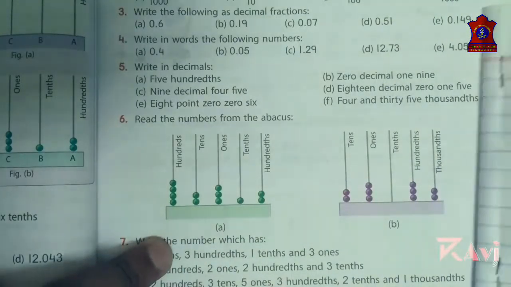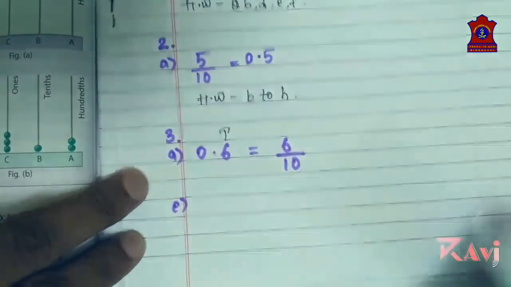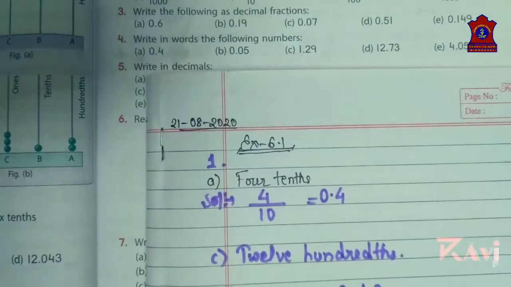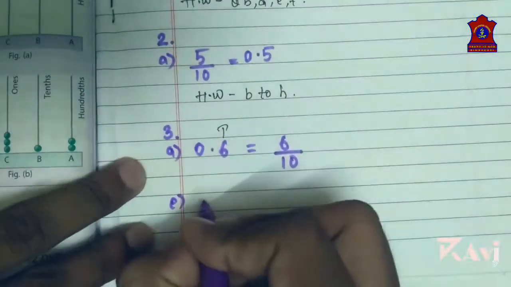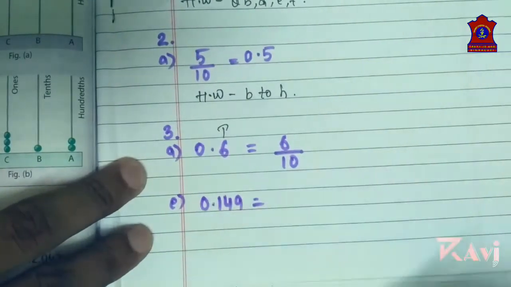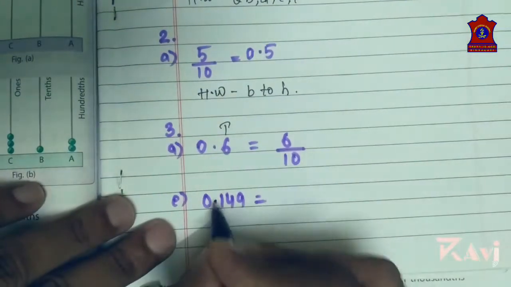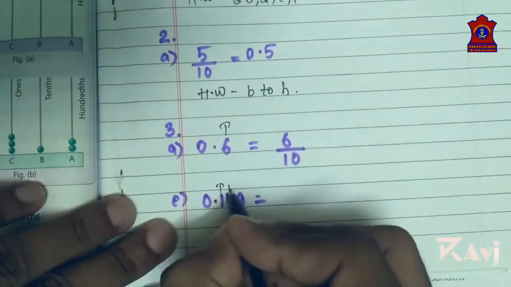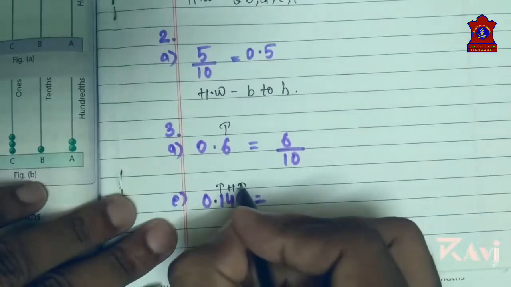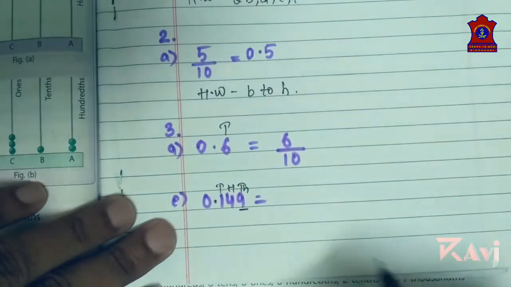See, let me do one more question for you. Okay, I'll take question number E. What is given? 0.149. See here, after the decimal it is tenths, it is hundredths, and it is thousandths. So what is the place value of the last digit?